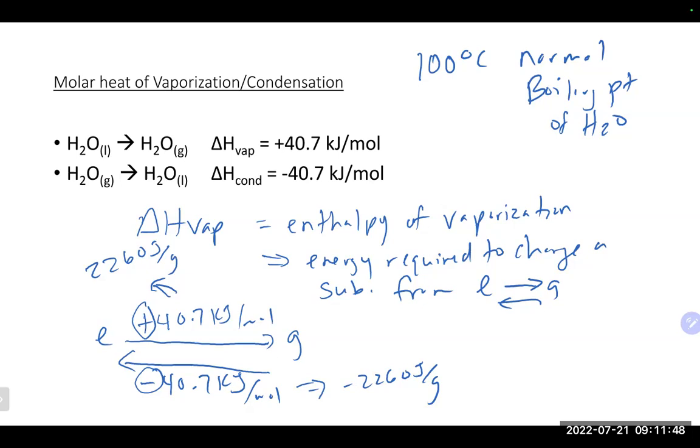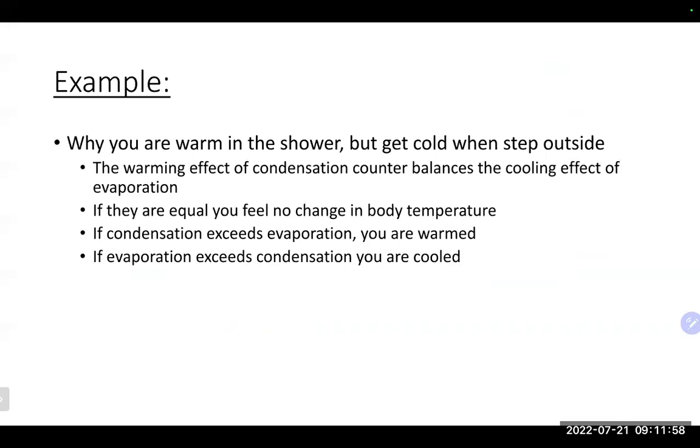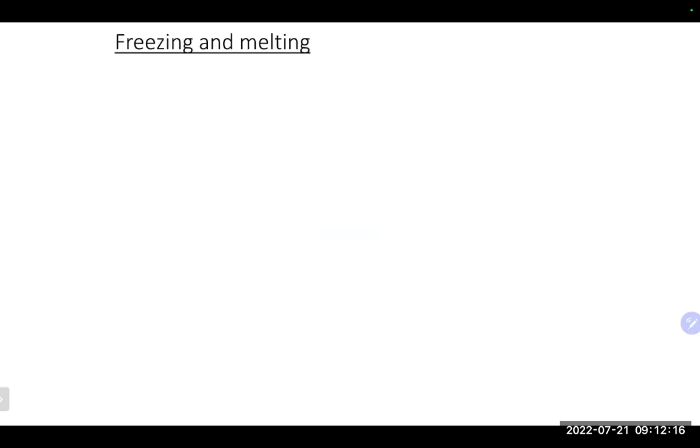So not every substance boils at 100 degrees Celsius. This is the example we use a lot, which is water. I touched upon this again: that's why you feel warm in the shower, but cold when you step outside. During the shower, there is a big rate of condensation, releasing all that energy. When you stop your shower or even get out of the swimming pool, you have a greater rate of evaporation, which makes you feel very, very cold in some cases.